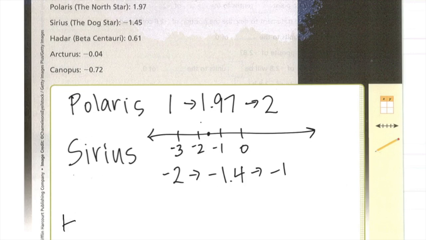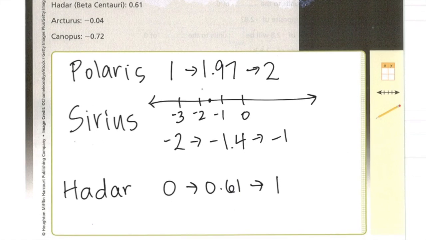Hadar, we'd have to ask Mrs. Heisel about these names, is 0.61, so that's between 0 and 0.61 and 1. Arcturus is negative 0.04. So if I look at the number line I drew, negative 0.04 would be over here somewhere.